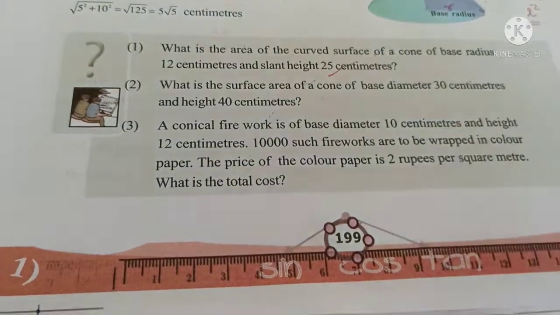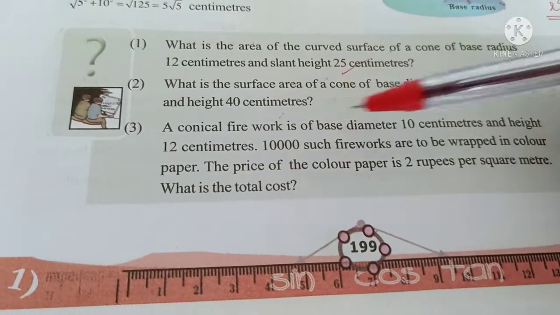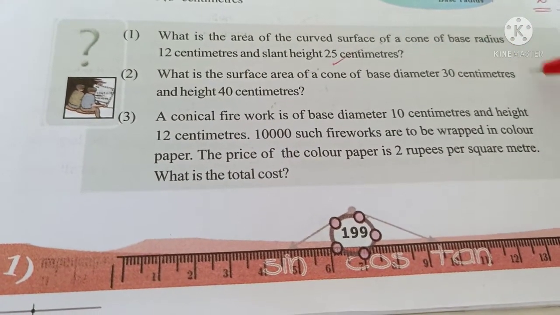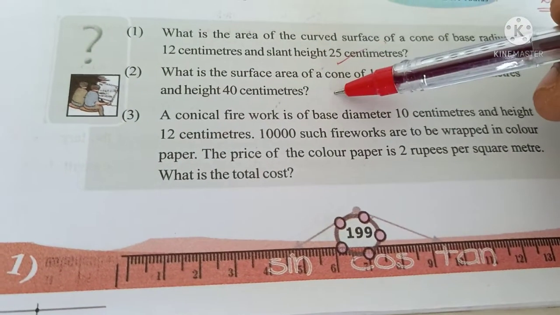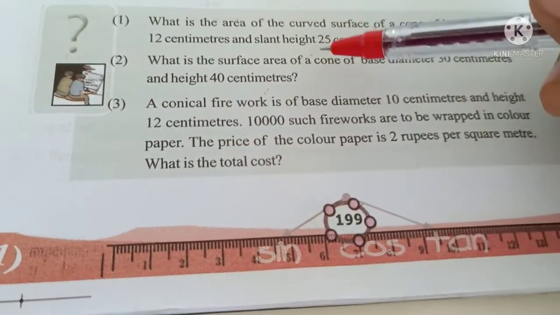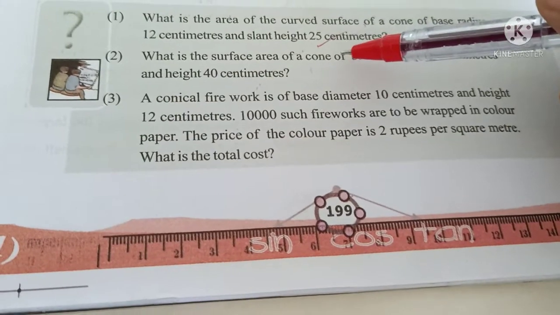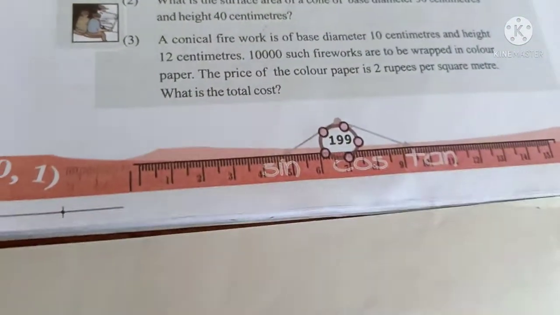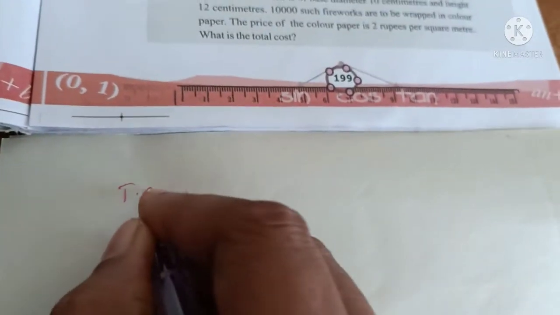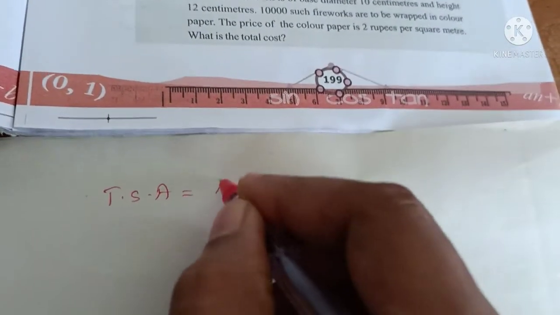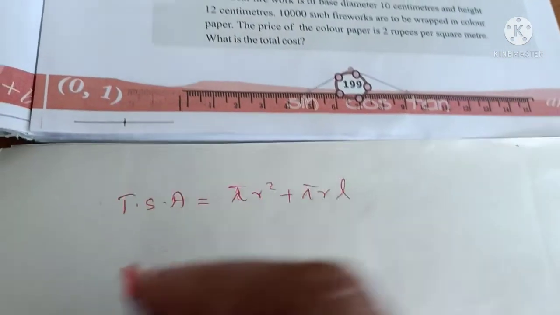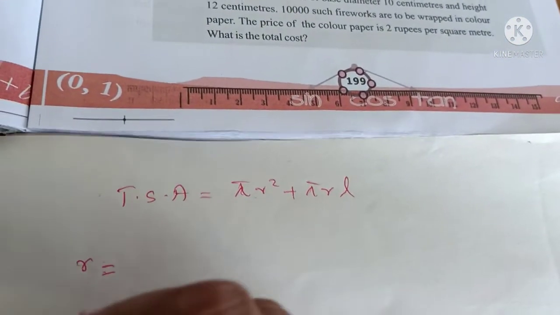Next question: what is the surface area of a cone of base diameter 30 centimeters and height 40 centimeters? Here we need the surface area of the cone, which means the total surface area. Total surface area is equal to pi r square plus pi r l. So we need r and l.